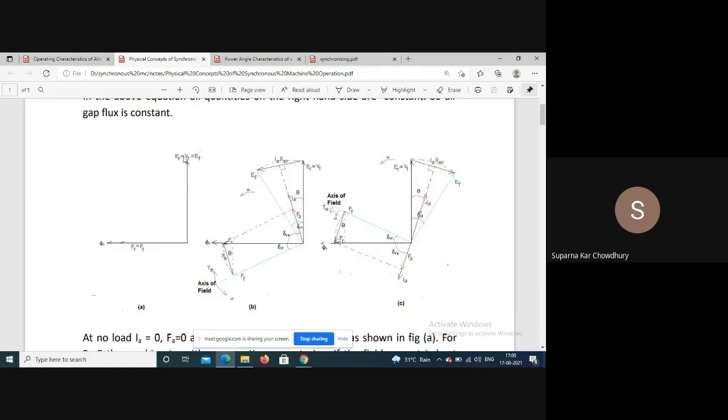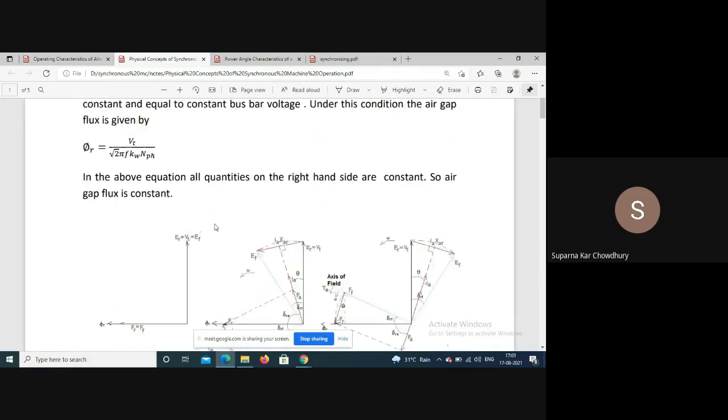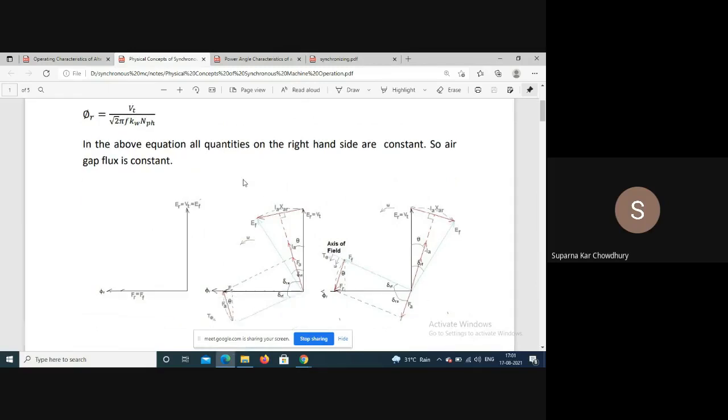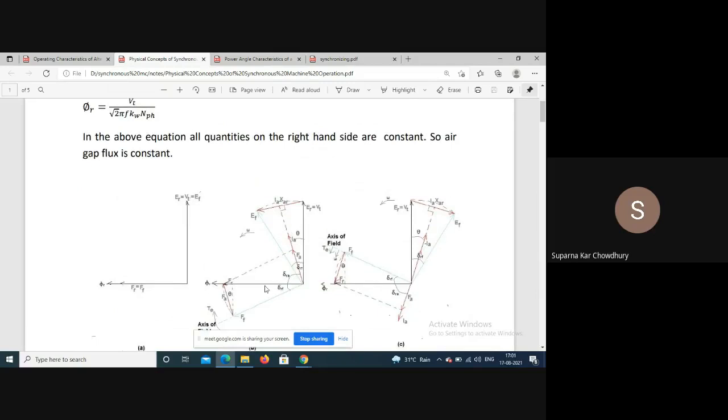These Vt and phi R, this position will not change. These are the busbar voltage and the corresponding air gap flux. Because neglecting the drops, the air gap flux is given by Vt by root 2 pi f kW N phase. So these two are fixed, but as we have increased the prime mover input, the field will go ahead.